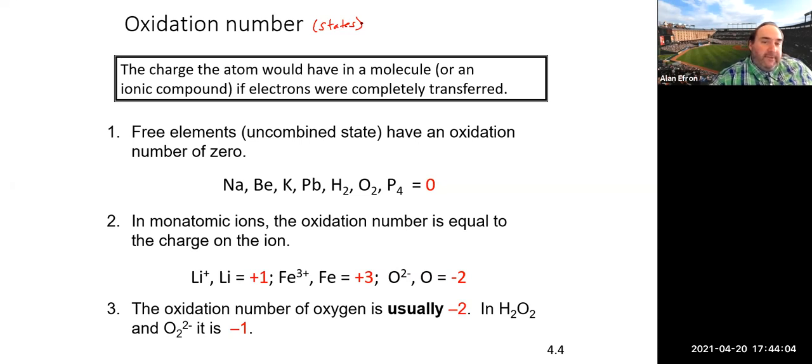A lot of times we'll deal with these in more covalent situations. So really it's the charge that these elements would have in their arrangement in that particular molecule. Again, a lot of times we will come across things in a covalent compound, a molecular compound, where electrons are being shared.